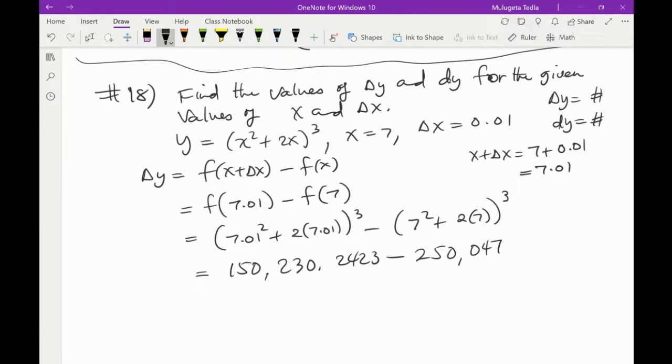Is that what we get? No, it doesn't make sense. This should be bigger, right? So I made a mistake. 49 plus 14 to the 3, that is okay. So let's do this: 7.01 squared, yeah, plus 14.02 to the power of 3 is actually 200.